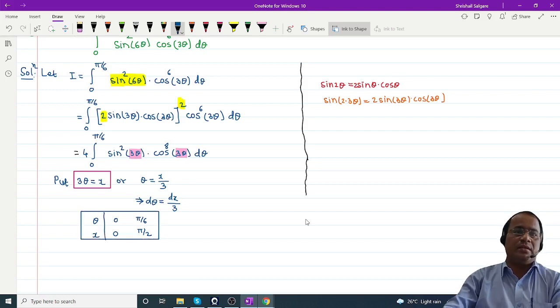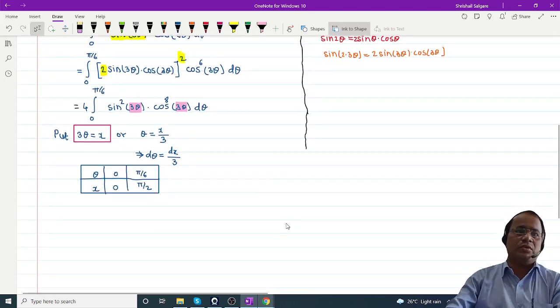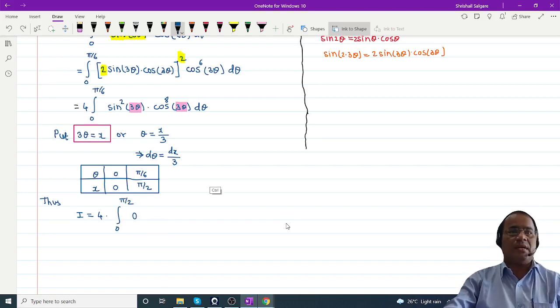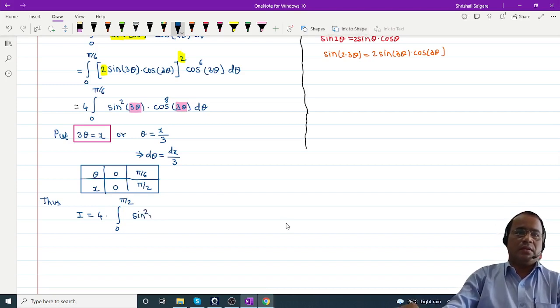Okay. Therefore, that integral can be simplified as, thus the same integral I will write, I is equal to integral, the 4 outside remains as it is, 0 to pi by 2, that are the new limits, sine square x into cos x raised to 8, and d theta is given by dx upon 3.